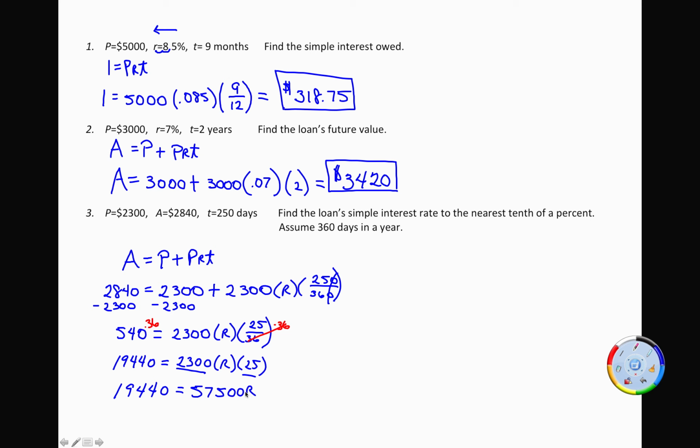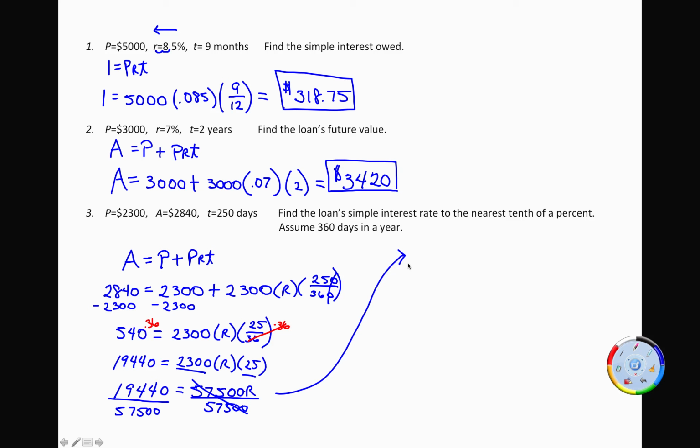And because this is being multiplied by the R, let's divide both sides by 57,500.